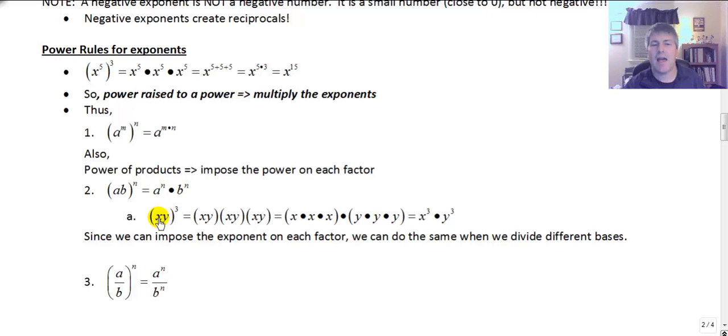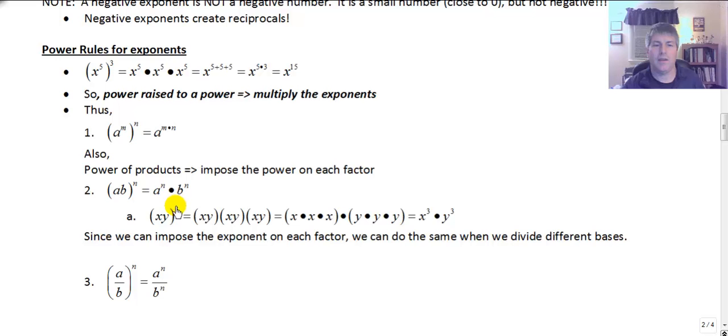If we have xy cubed, this quantity xy cubed, that's the quantity x times y times the quantity x times y times the quantity x times y. And using our commutative property, since this is all multiplication, we can split that up to x times x times x times y times y times y. I've got 3 factors of x and 3 factors of y, which is x cubed y cubed.